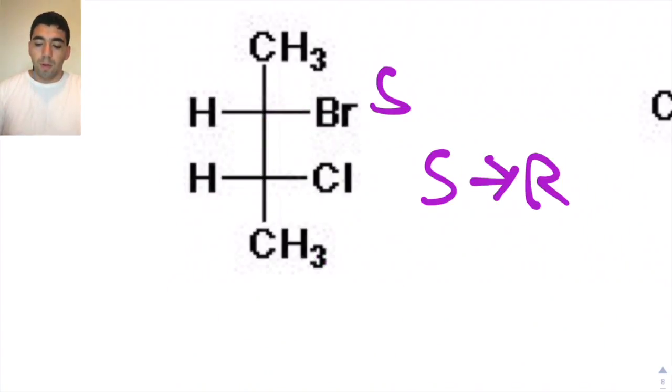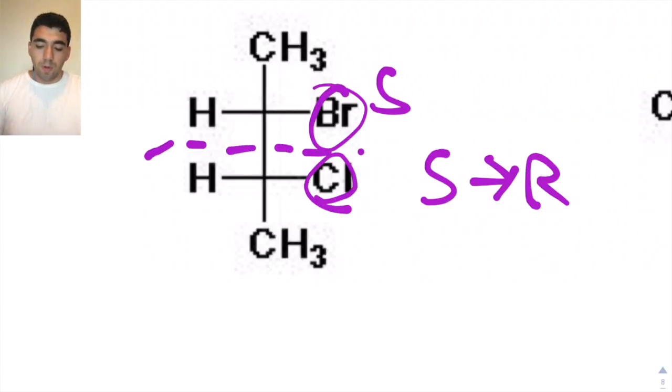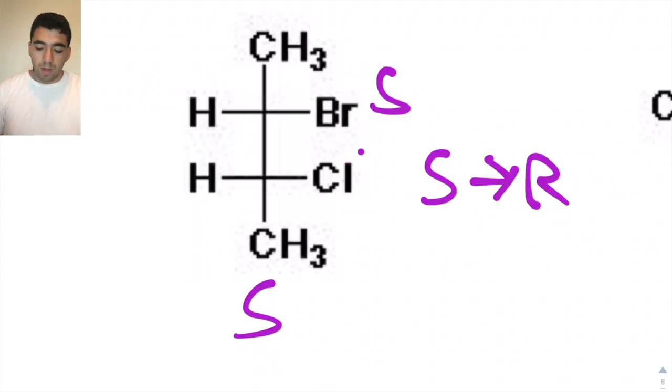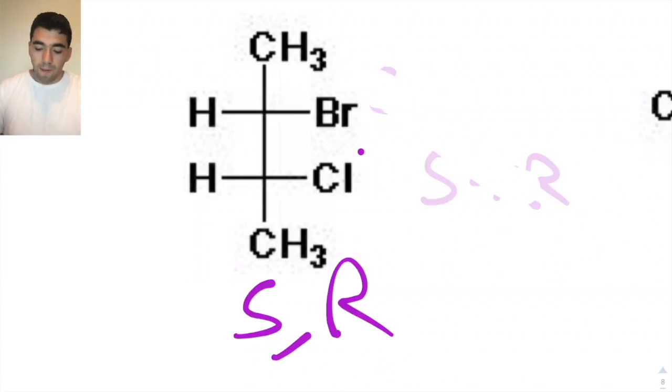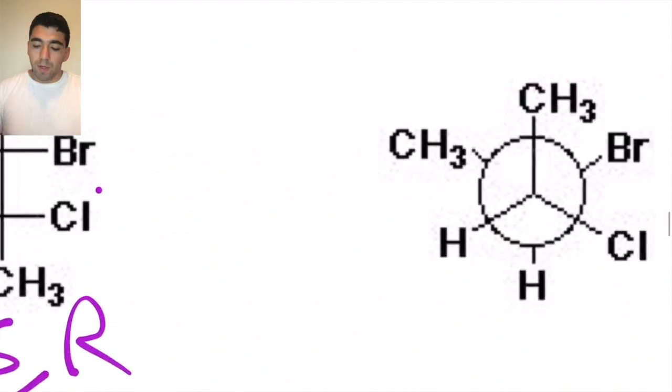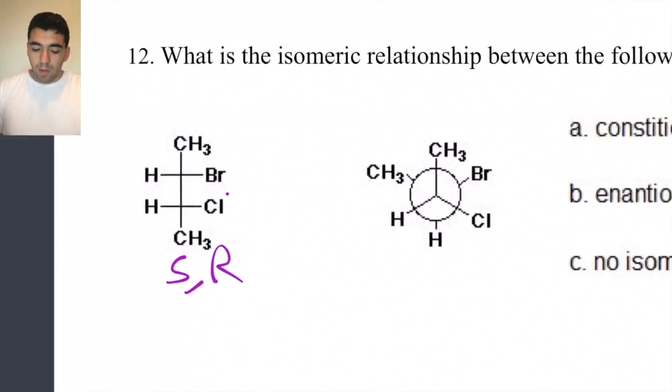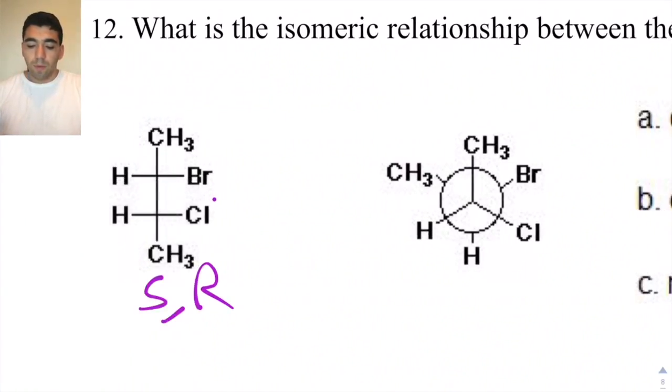So now we know that our Fisher projection, top to bottom, is SR. Good to note that this is not a meso compound because of these two different groups, so we don't have to worry about that. It's just an SR from top to bottom. Make sure that this is the same. Here we're looking at it, the crosshair is always what's on top.